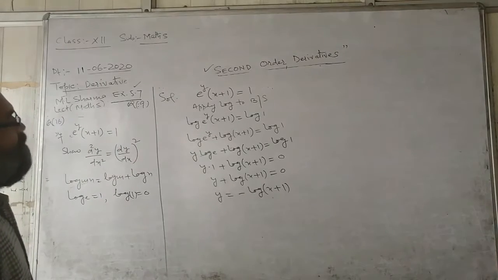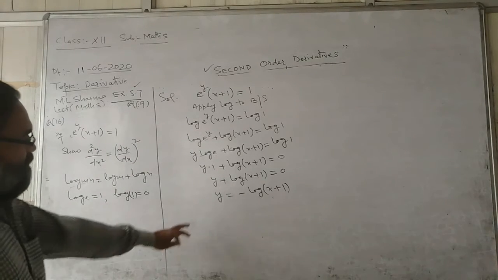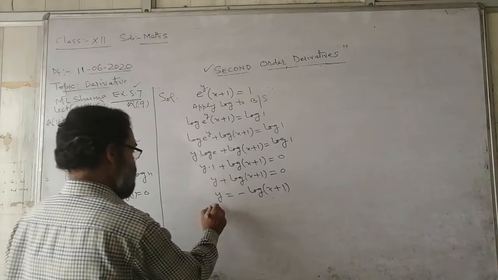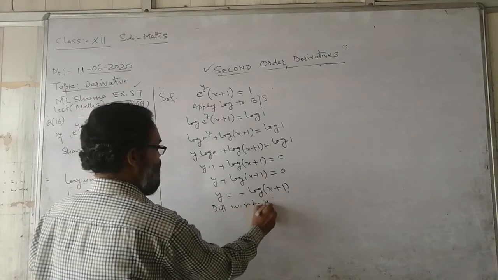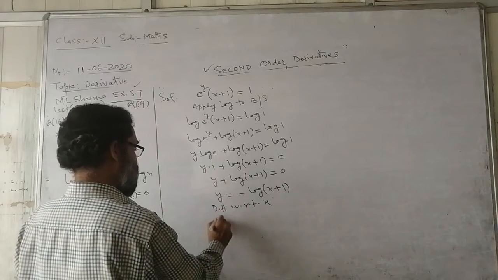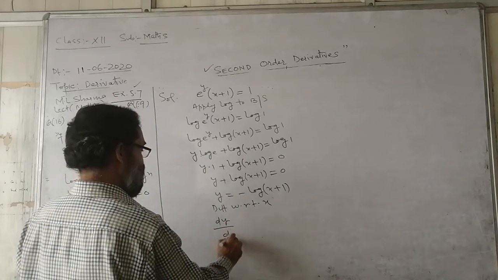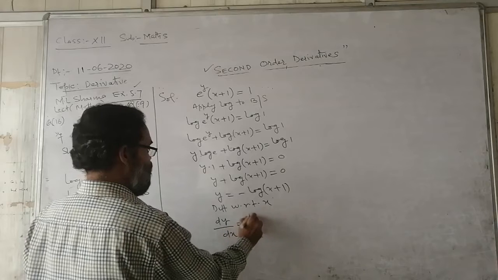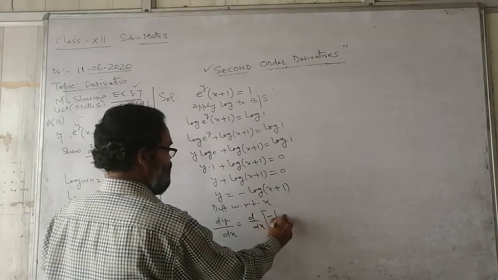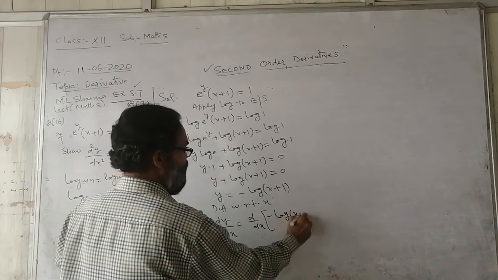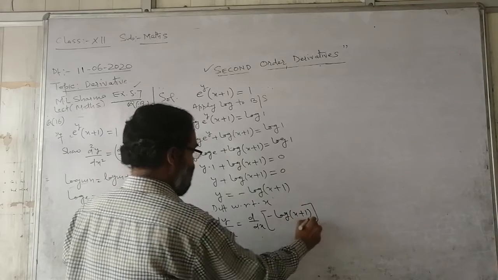So now after simplification, I can differentiate this. Its differentiation will be dy upon dx equal to d upon dx of minus log of x plus 1.